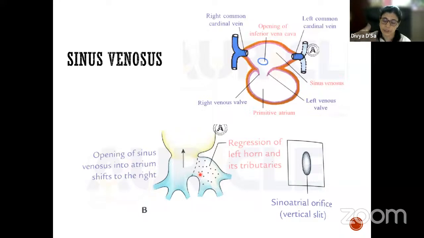Same thing happens in the lower part also between the two posterior cardinal veins. So anastomosis develops and everything from the left side is coming to the right side. So whatever is coming to the common cardinal is less, and because of that there is regression. With that regression, its tributaries also regress. So the left horn becomes small, whereas this side it goes on increasing.